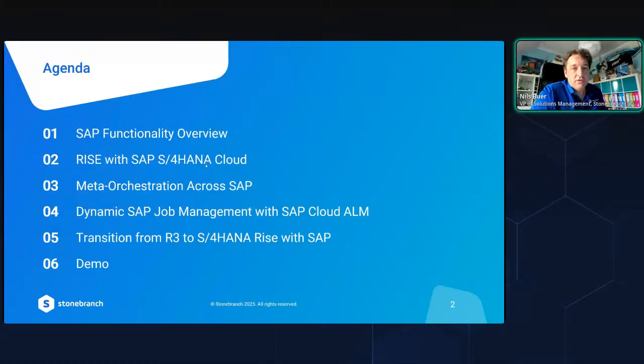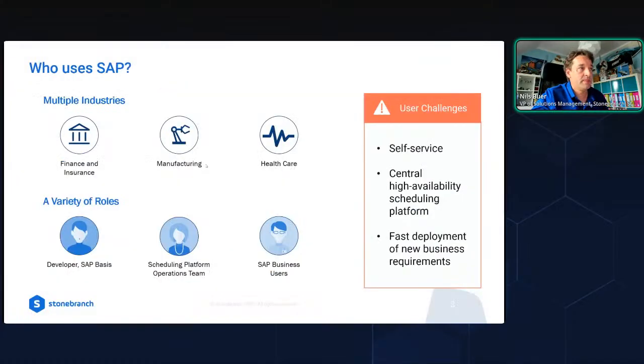Then I'm going to give you a use case how you can dynamically schedule SAP jobs using SAP Cloud ALM. We will talk a bit about the transition. And then point number 6, I think that's the most interesting one. I'm going to demo all the stuff which I've talked about in the points before.